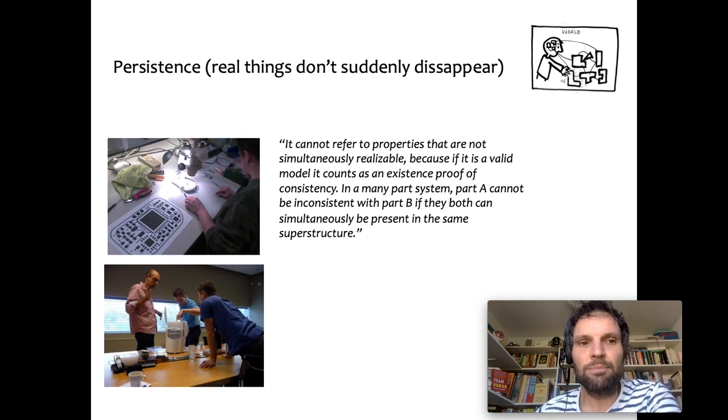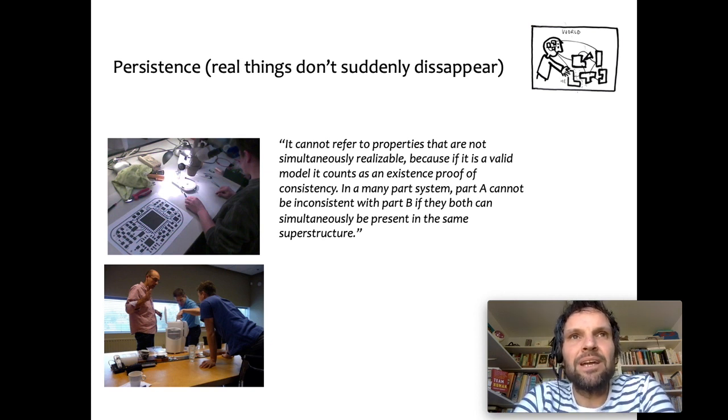Related to that is the idea of persistence. If you represent the problem in physical objects that you can put outside of your mind for others to see, to share with others, but also to reflect on yourself, it cannot be the case that physical things can be in 2 places at the same time, and also 2 physical things cannot be at the same place at the same time.